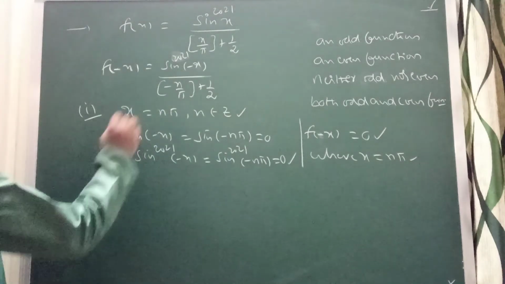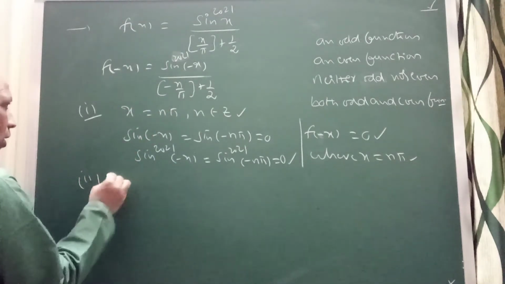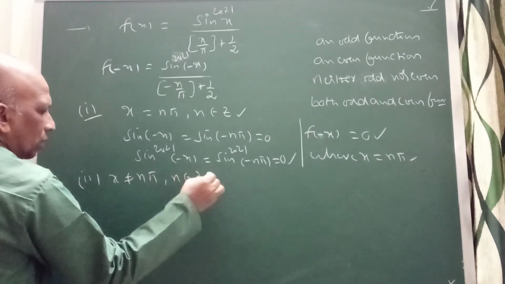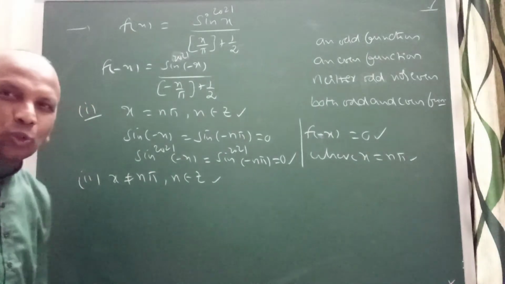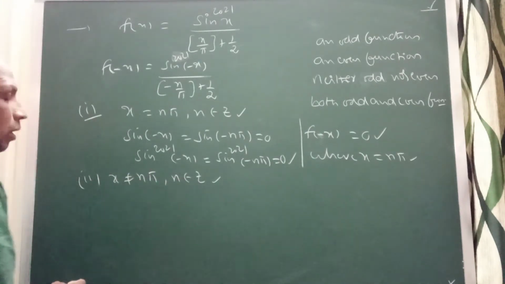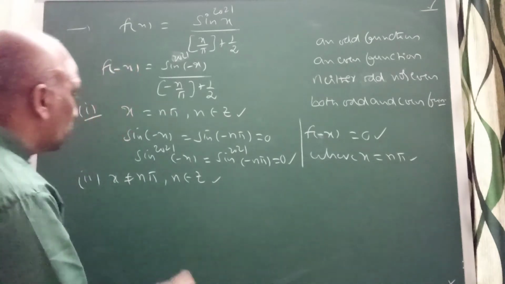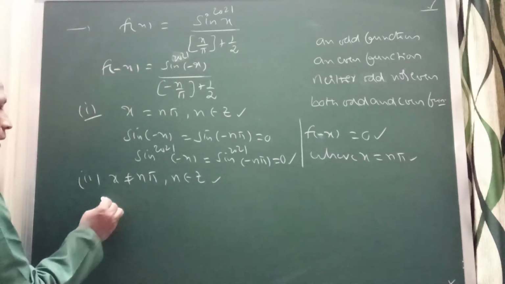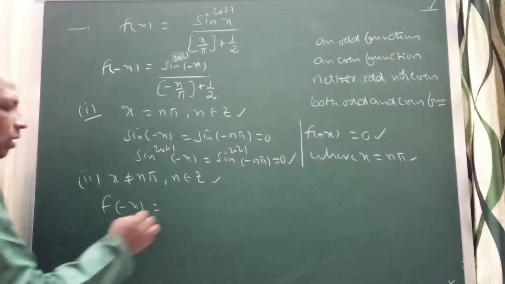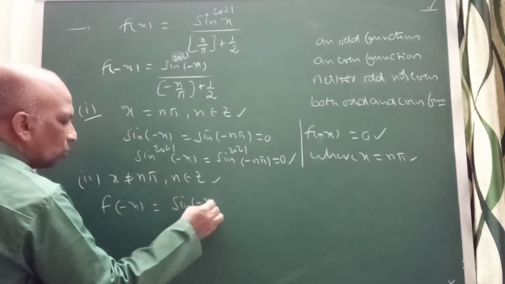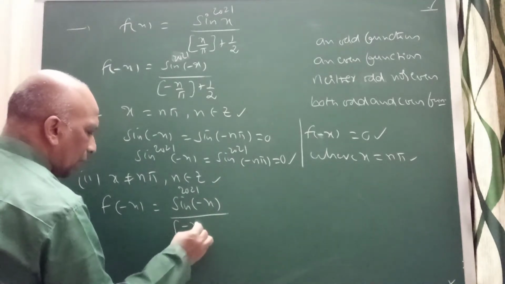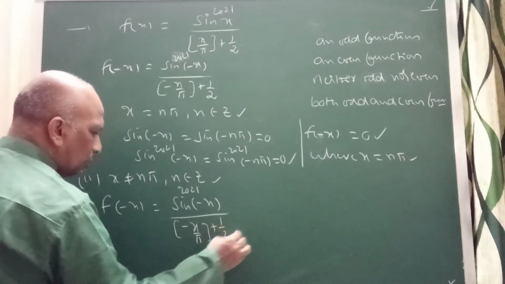Suppose case 2: x not equal to n pi, n belongs to Z. In that case, what will the function be? Now I can write f of minus x as sin of minus x whole power 2021 times the step function of minus x by pi plus 1 by 2.